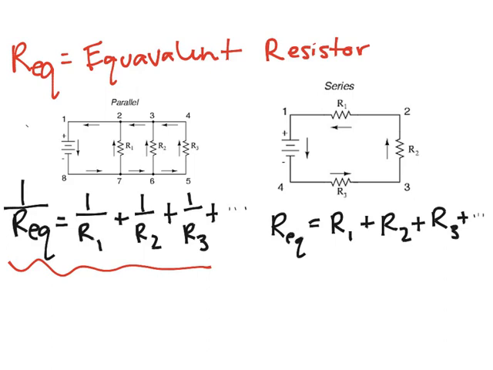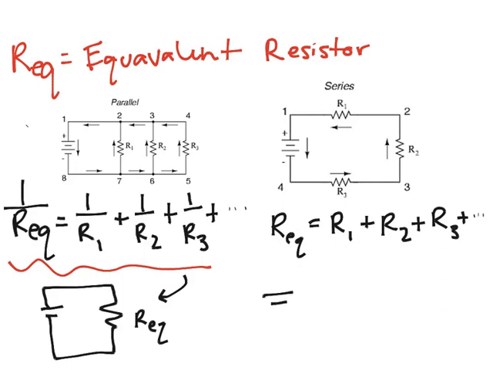Because after you do this circuit and you find R equivalent, you can essentially simplify and label all of these as one resistor, and that is your R equivalent after you use the correct equations.